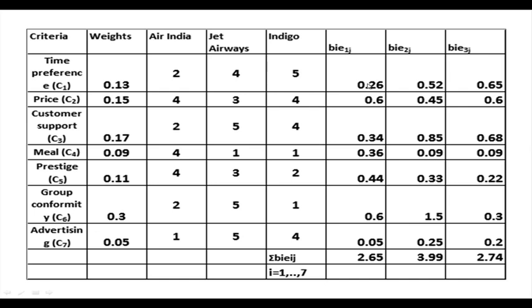In this slide, the total score is the summation of this column, that comes to 2.65. Here the total score comes to 3.99, and here the total score comes to 2.74.